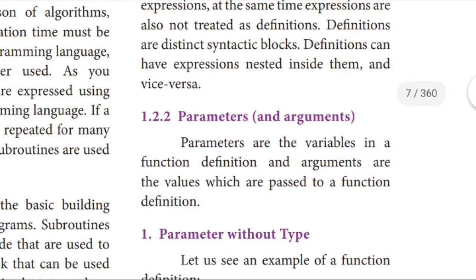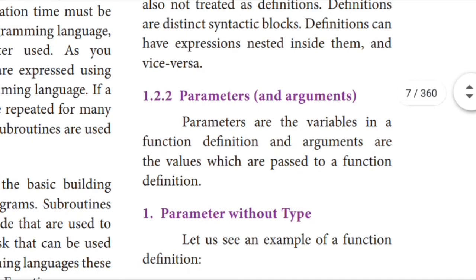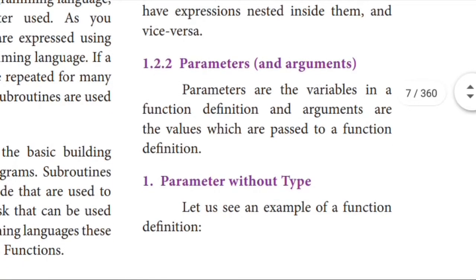So the next heading is parameters and arguments. Parameters and arguments mean the values passed into functions. As I said before with the mark list example, if I ask a student to prepare a mark list, it is task oriented.